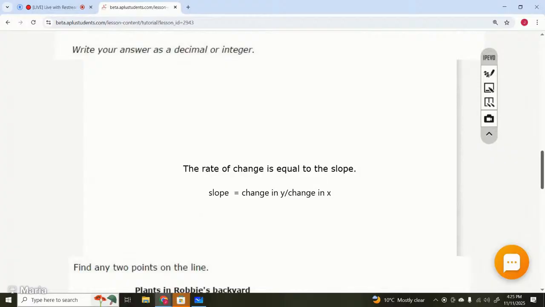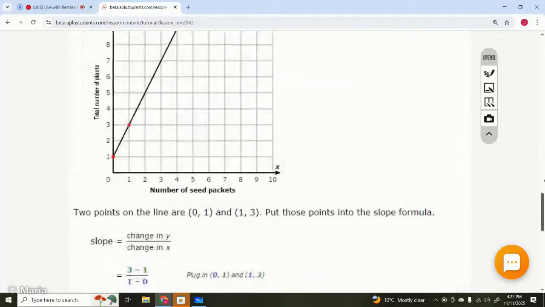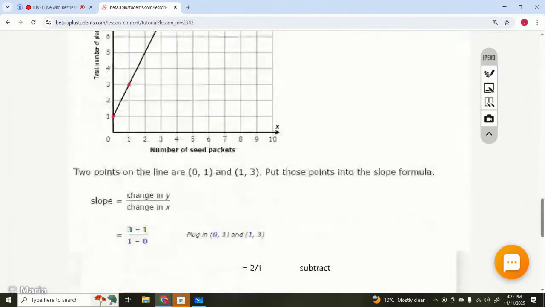The rate of change is equal to the slope. That means change in y divided by change in x. So we need to find any 2 points on the graph and then calculate the slope. You can select any of the points. So here the points are (0, 1) and (1, 3).